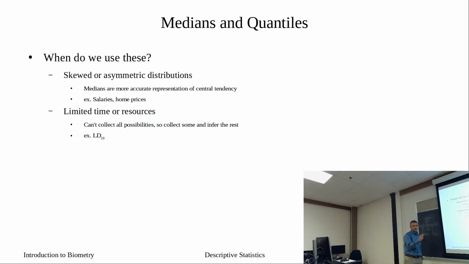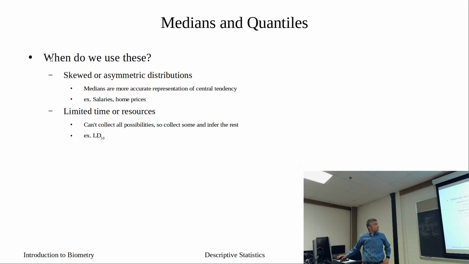So what we do is test dosages at, say, a doubling of our dosage, or maybe a 10 times increase. We see a certain number of individuals die at one point, and at the next dosage a couple more die. And what we do is interpolate between those data points to figure out where that actual 50% dose is, the dosage that kills 50% of our individuals. So in those cases, we do report the medians and interquartile ranges.